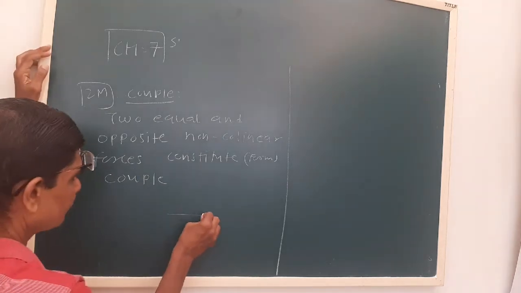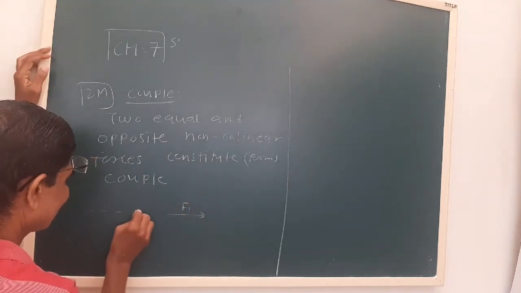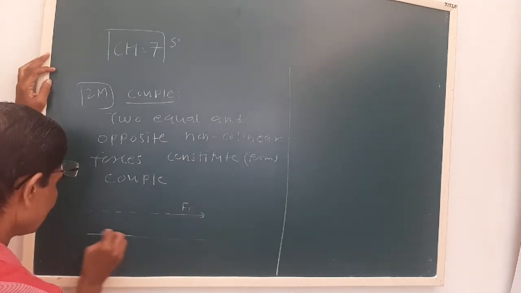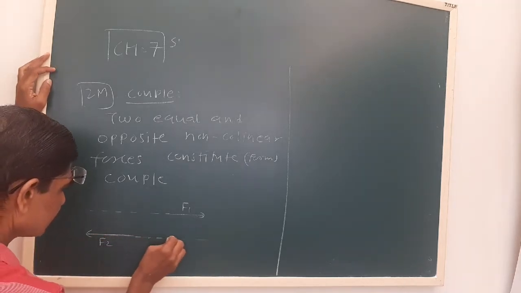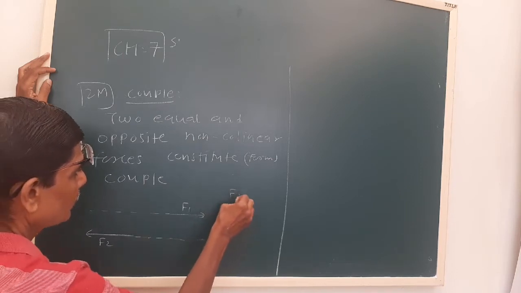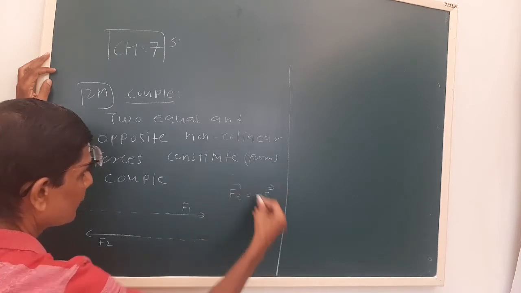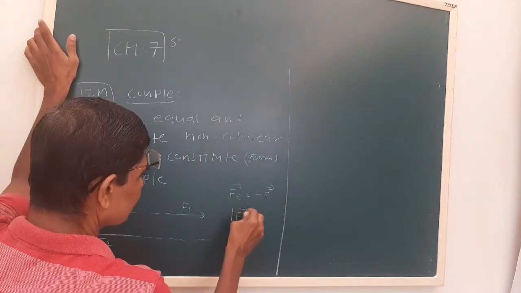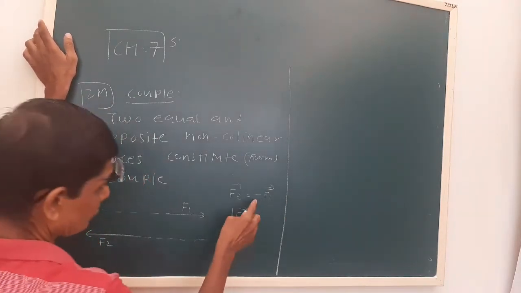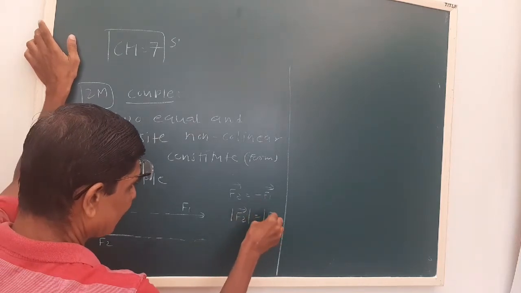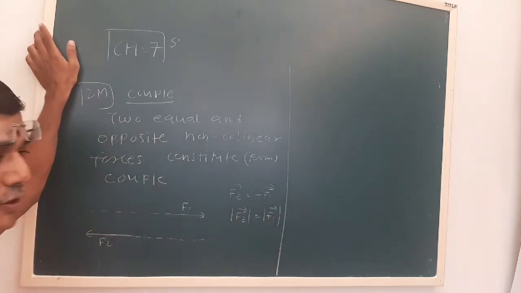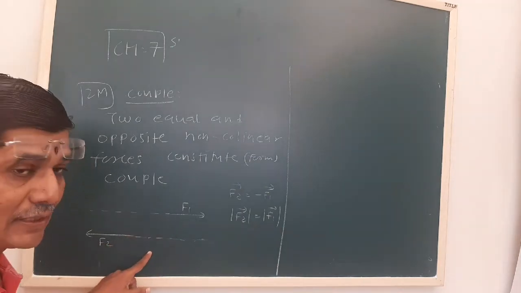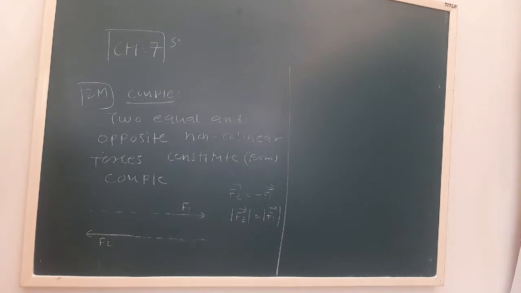Let us say one force is F1, and this is its line of action. Now this is force F2. Here, F2 is equal to minus F1. The magnitude is equal but the direction is opposite. So the forces are of equal magnitude, opposite direction, and also non-collinear.